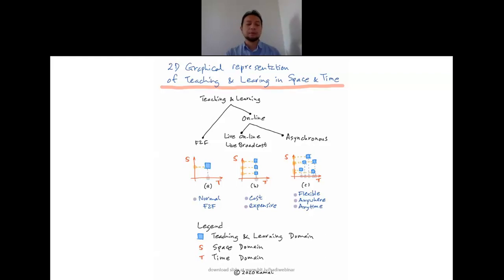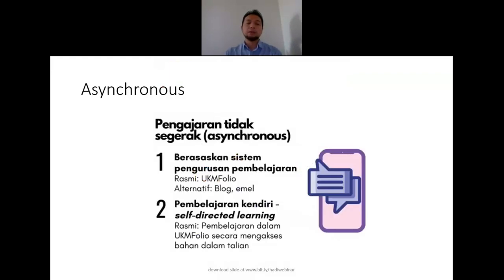So both have their own advantages and also disadvantages. Okay, I will talk later on about the difference between the two and also the approaches. So asynchronous learning uses an LMS, Learning Management System, Moodle for example, in UKM Folio or in other universities, in other online platforms.